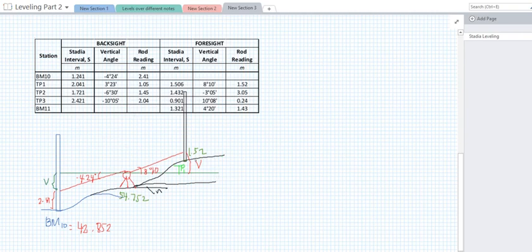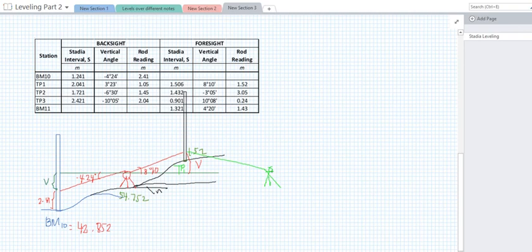Then TP1 to TP2, I think it is going downward. From the backside of TP1, 3 degrees, so this setup is downward. The angle is positive, 3.23.